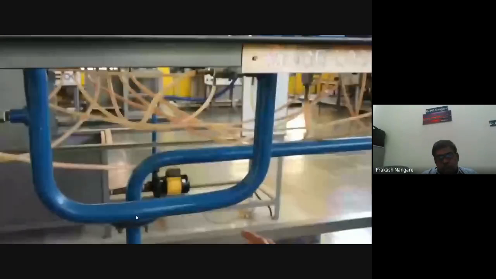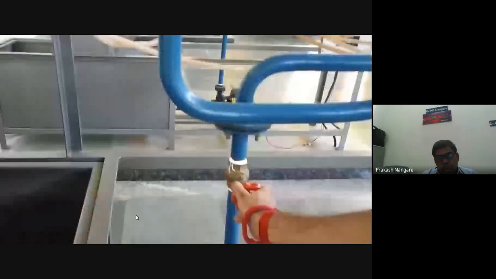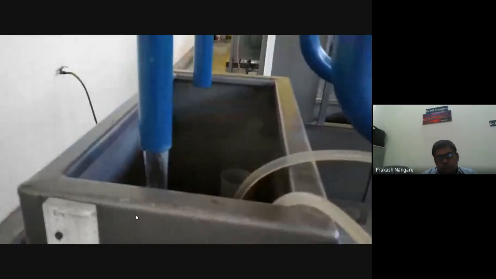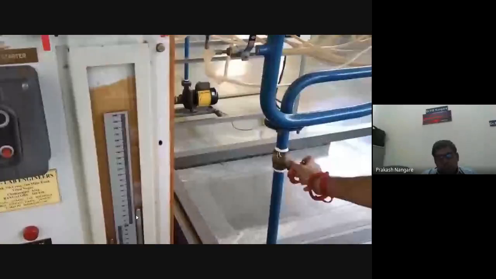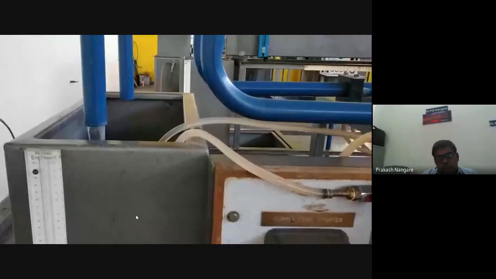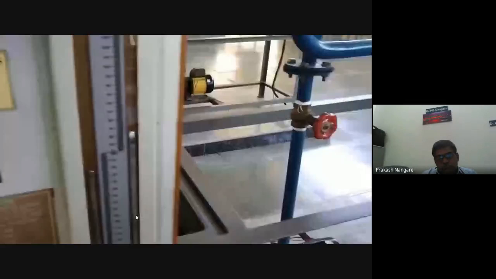For the second reading, change the flow by rotating the gate valve clockwise. Rotate it, and the flow will decrease. Okay, now the flow is decreased.